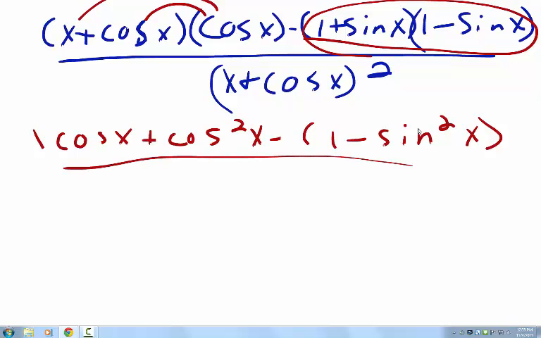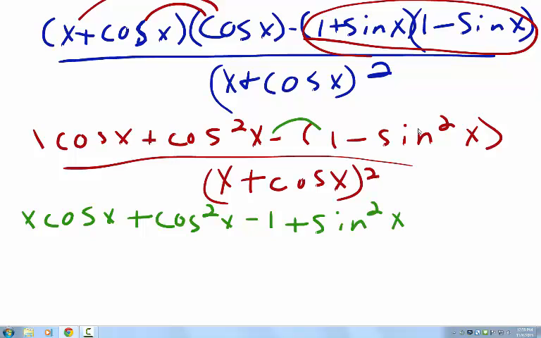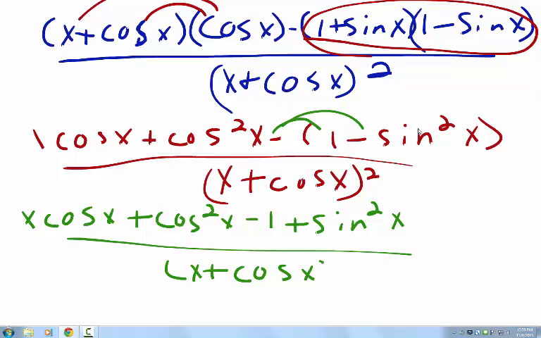Again, this is all divided by x plus cosine of x squared. Removing our parentheses, we have x cosine of x plus cosine squared x minus 1 plus sine squared of x, remembering to distribute our negative here, all over x plus cosine x squared.